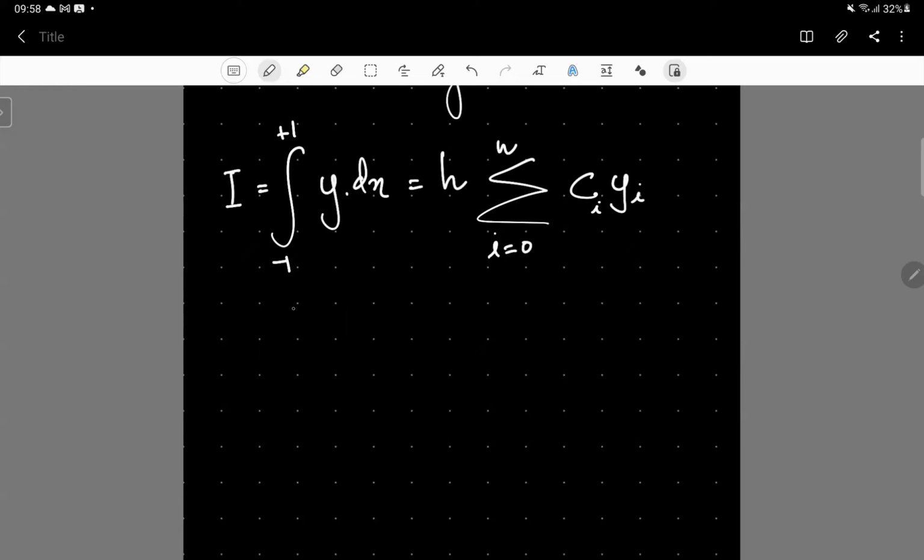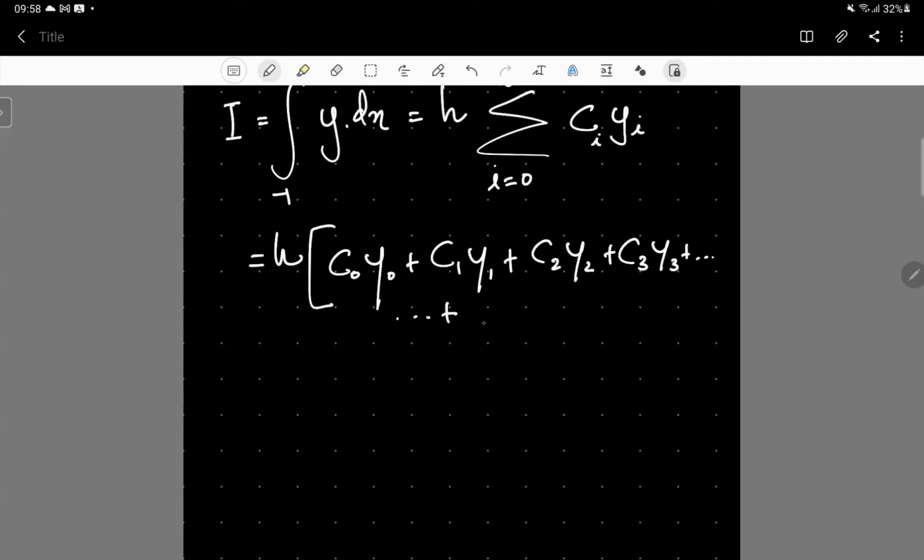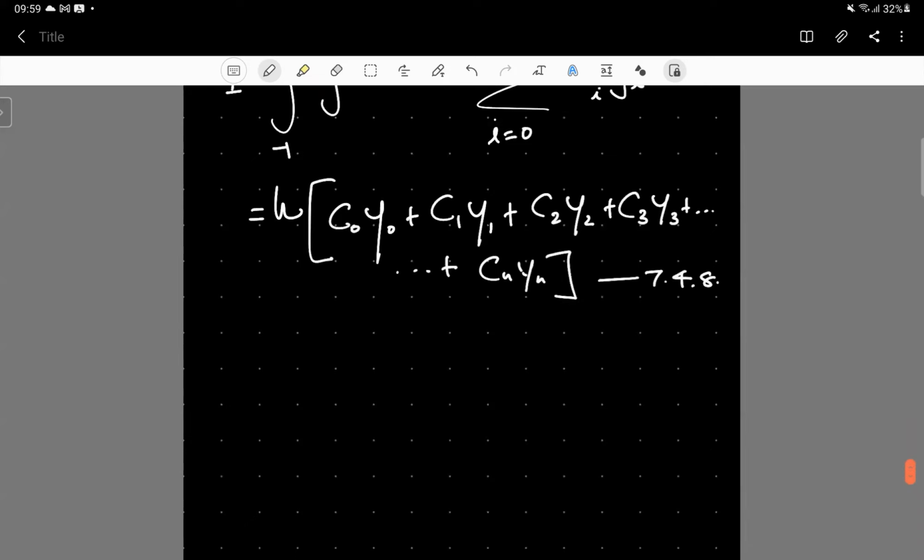So we can also write this in a more expanded form, h times the sum. All right. So here the Ci values are the Newton-Cotes constants. We call them Newton-Cotes constants.